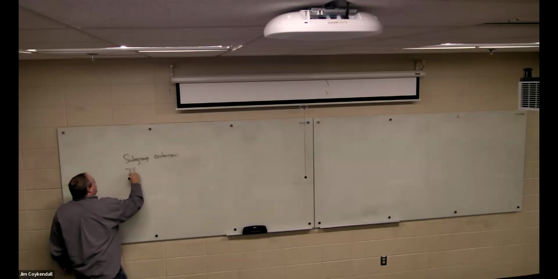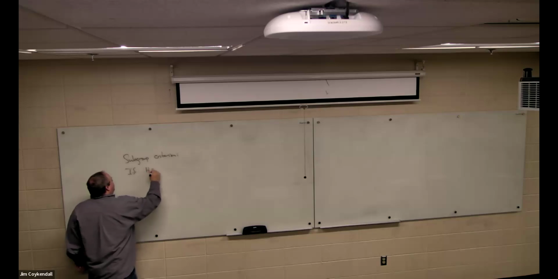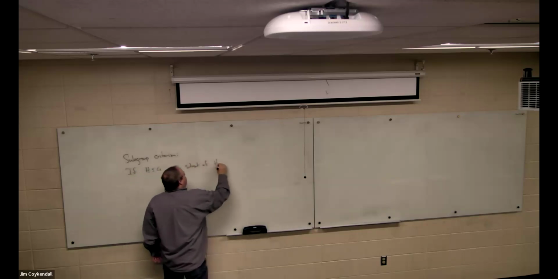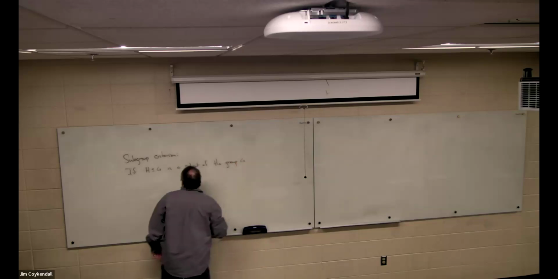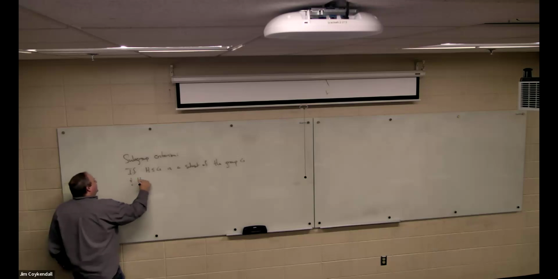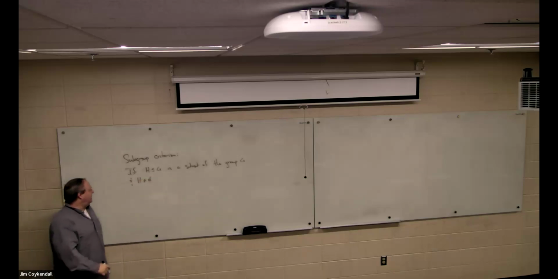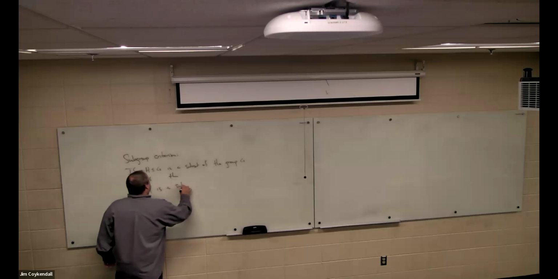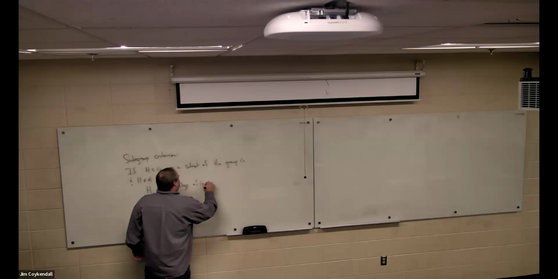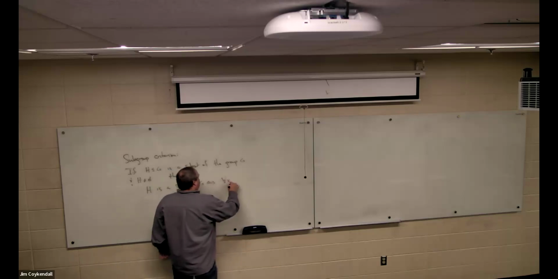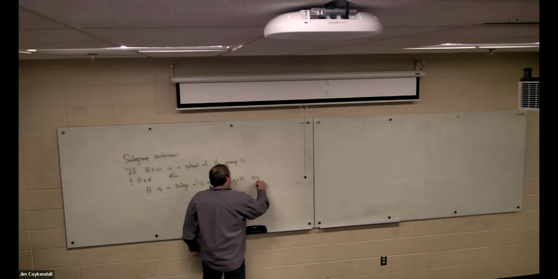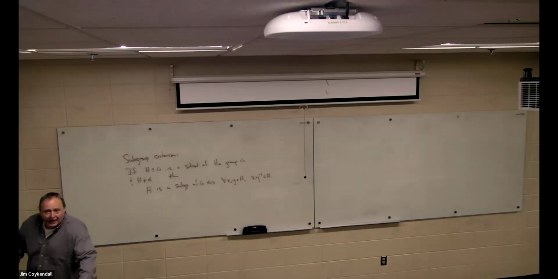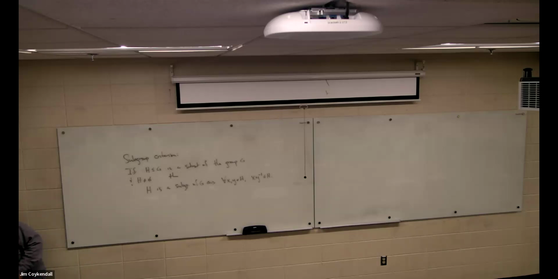If H in G is a subset of group G, and H is not empty, so I want it to be a non-empty subset, then H is a subgroup of G if and only if for all X, Y in H, X Y inverse is in H. We proved this last time, and hopefully I'm going to be able to apply this a little bit today.